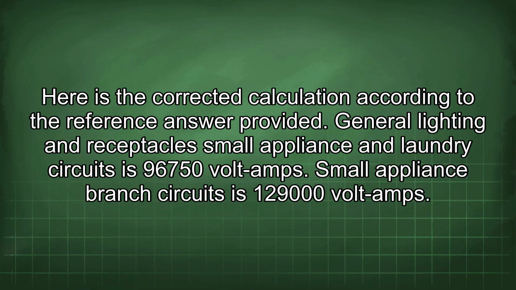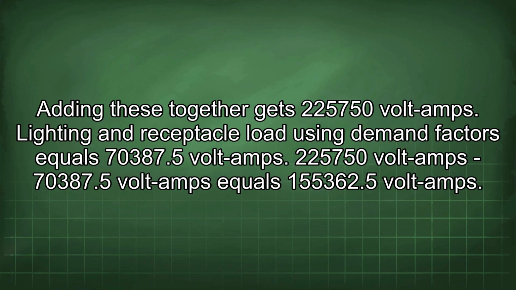General lighting and receptacles, small appliance and laundry circuits is 96,750 volt amps. Small appliance branch circuits is 129,000 volt amps. Adding these together gets 225,750 volt amps.